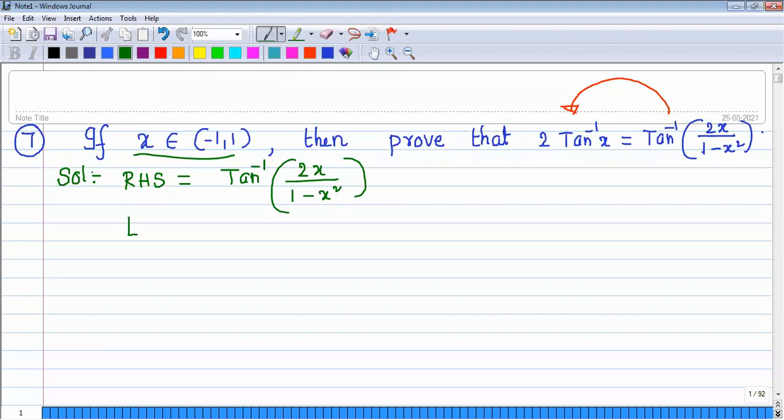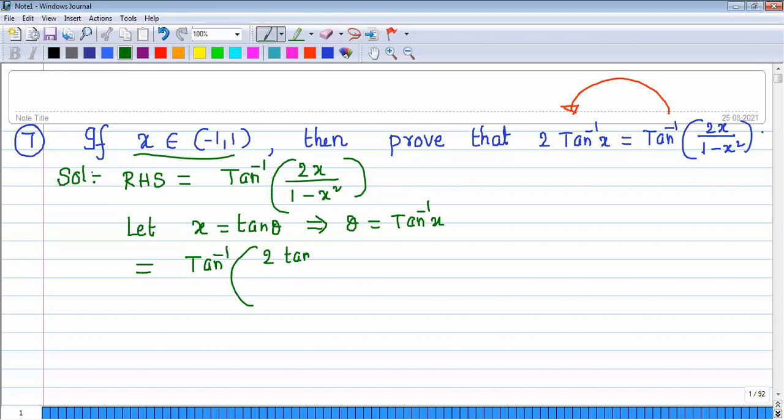Now let us substitute x is equal to tan theta. Obviously theta becomes tan inverse x. Theta is the angle, so we can write theta as tan inverse x. Now this RHS becomes tan inverse of 2 tan theta upon 1 minus tan square theta.